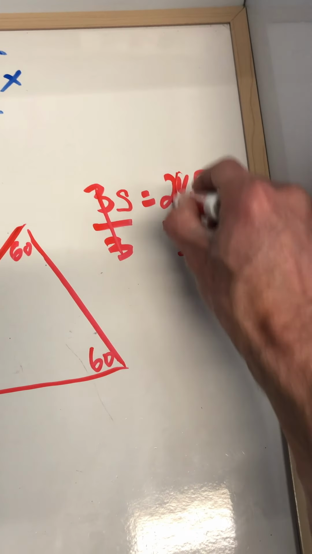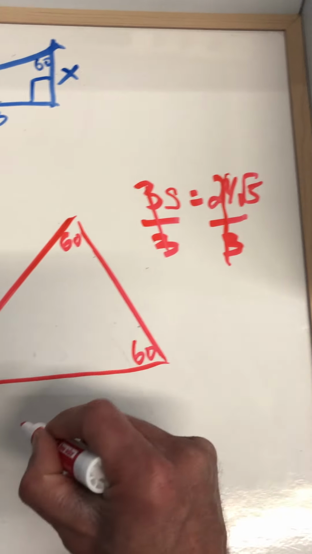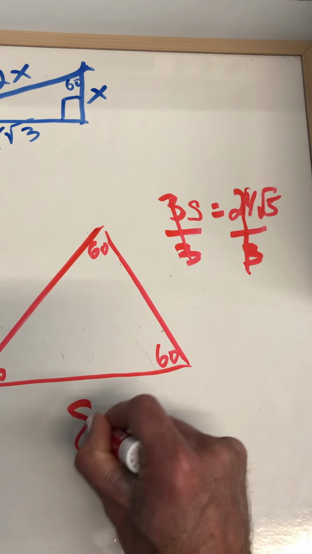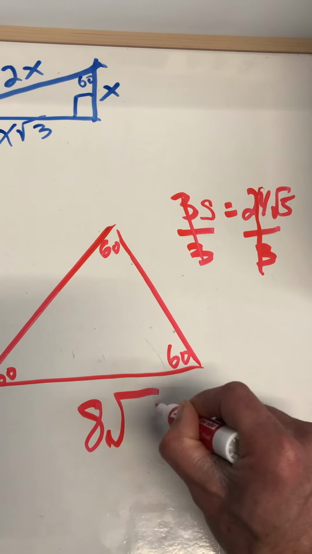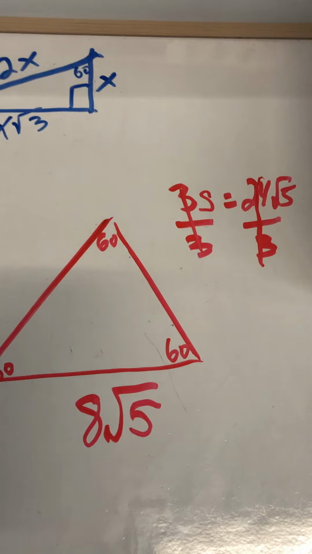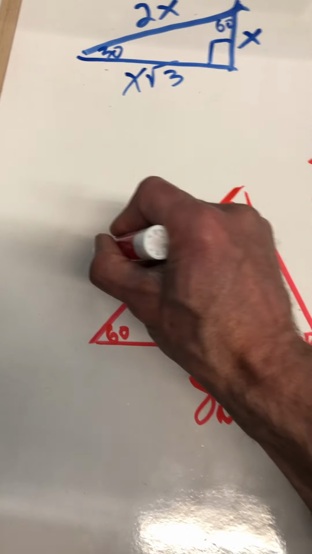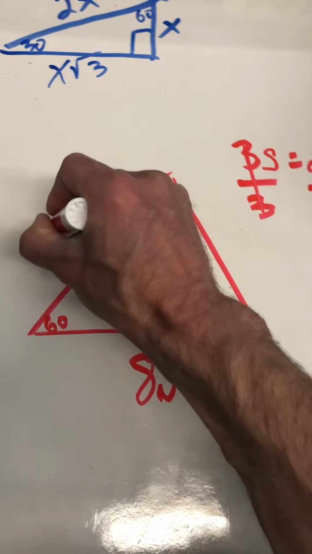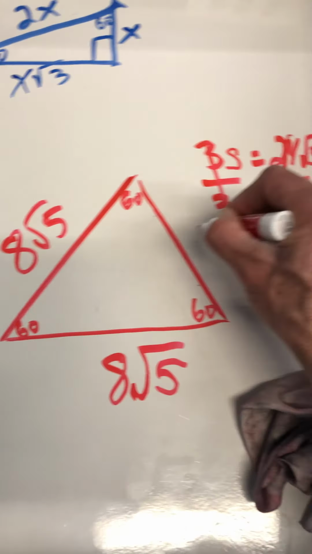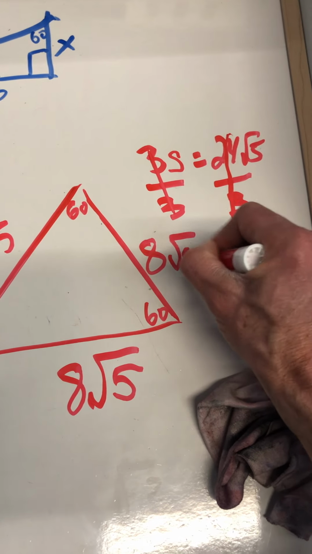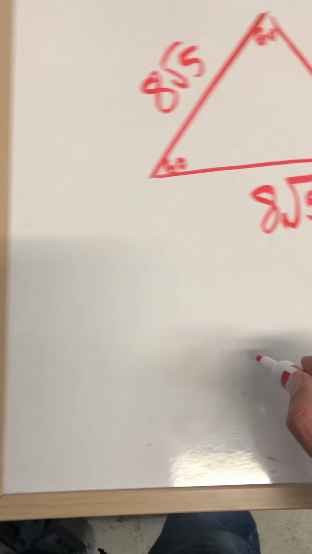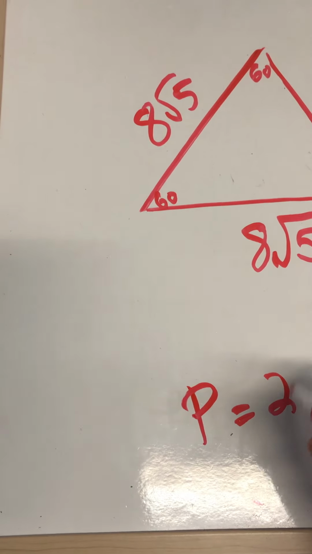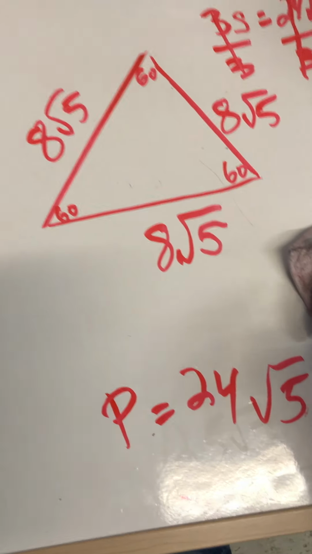And 24 divided by 3 is 8 with that root 5. All right, so you have 8 root 5. Each one of the sides is 8 root 5, 8 root 5, 8 root 5. Because remember, it told you the perimeter is 24 root 5.